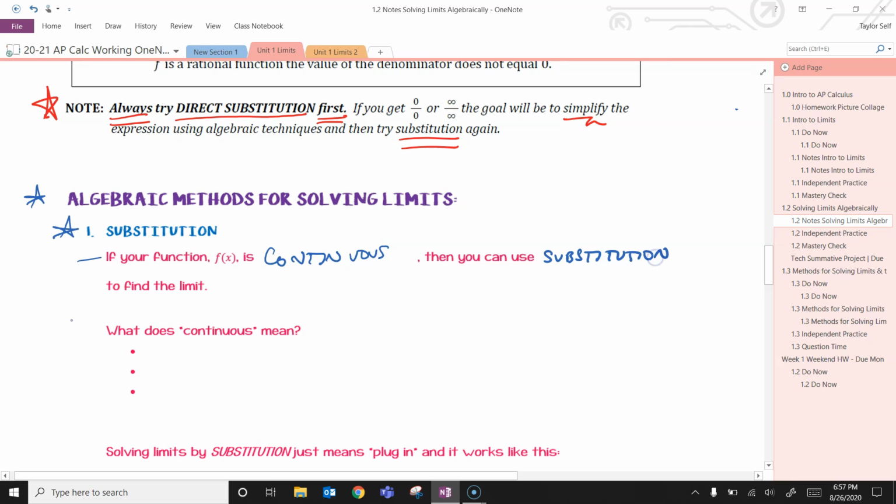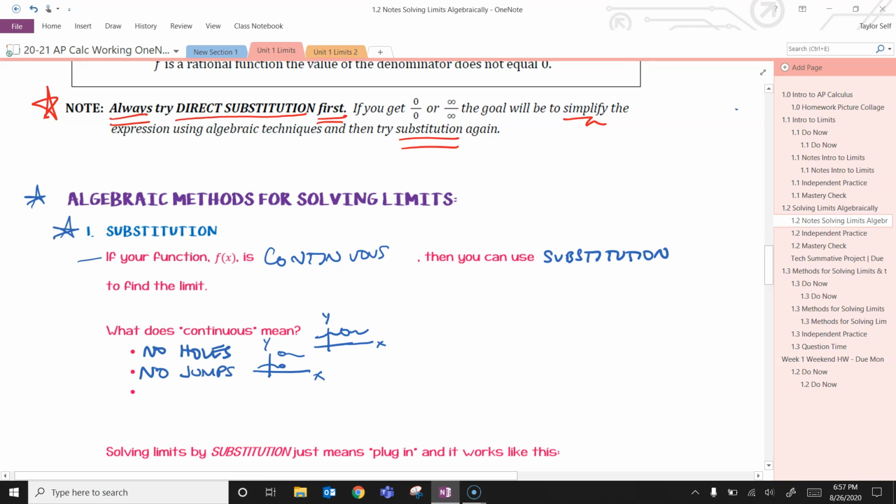Really quick, what does continuous mean? Continuous means you have no holes. Write this down. Here's an example of a hole: your function looks like this and has a hole. That's the x-axis, y. You can also have no jumps. If your function is continuous, it will not have any jumps. Here's an example of a jump. Your function could look like this. That's x, that's y.